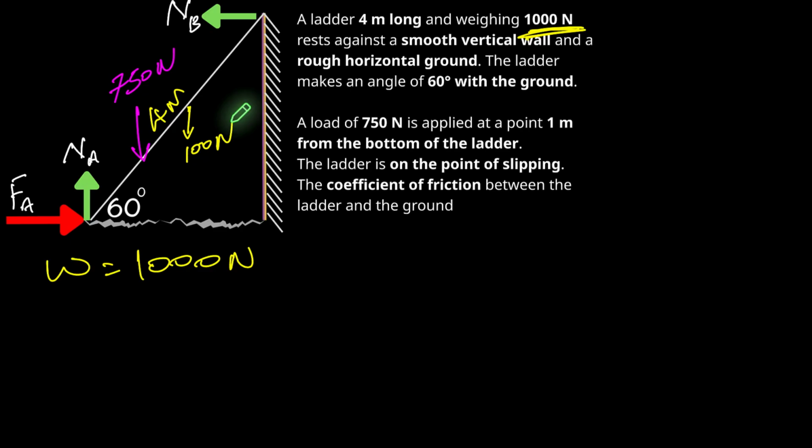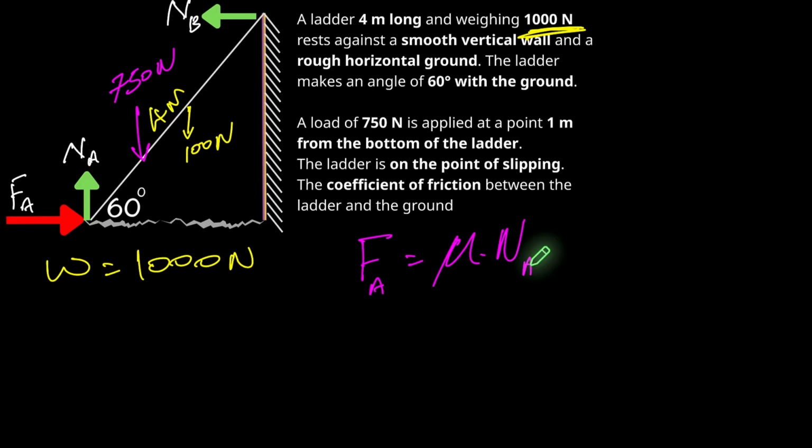And one more key point is that the ladder is on the point of slipping. We have to remember that, which means friction is at its maximum value. So we're going to write this equation, which says FA, which we have at the bottom there, is going to equal mu, that's our coefficient of friction, multiplied by our normal reaction NA.